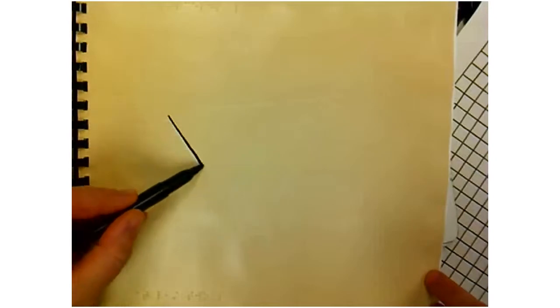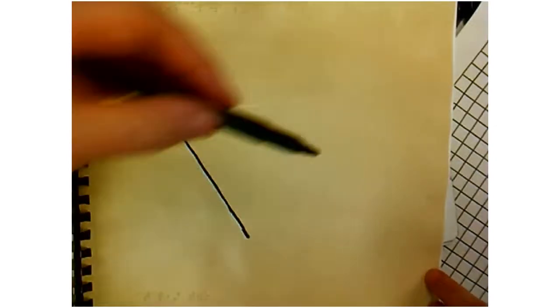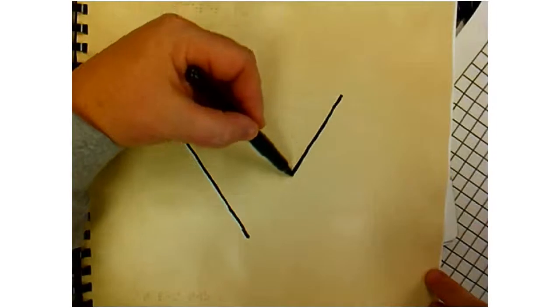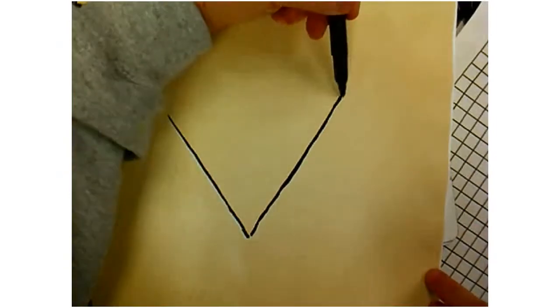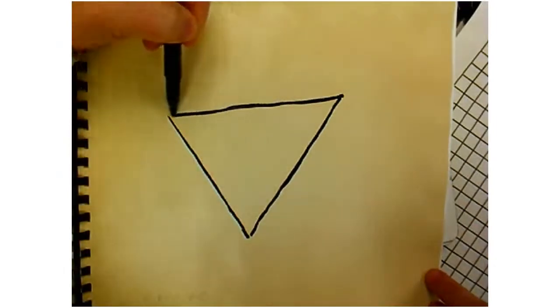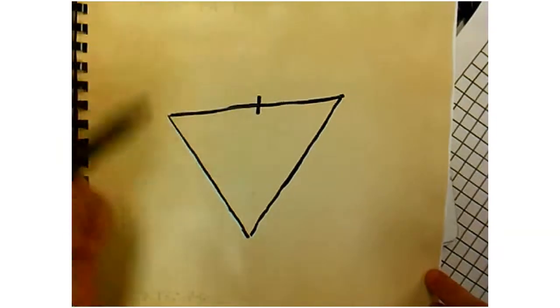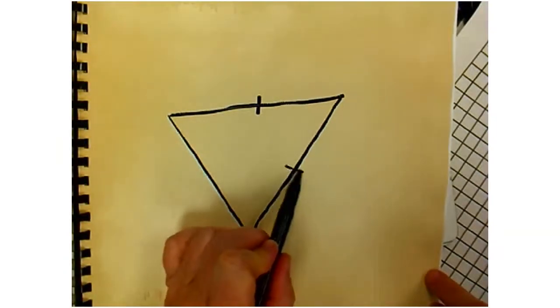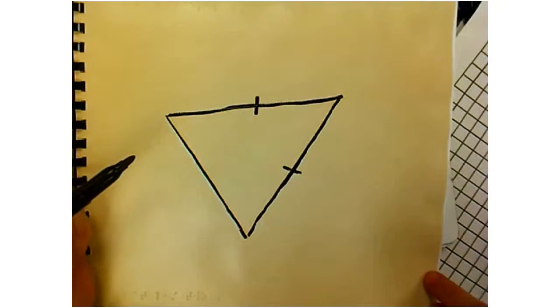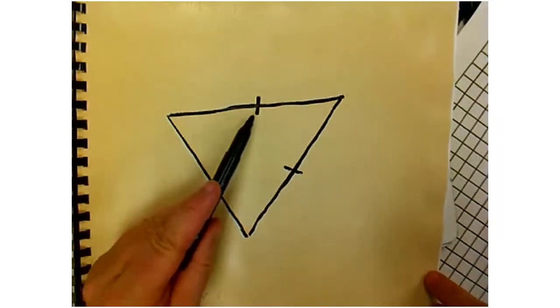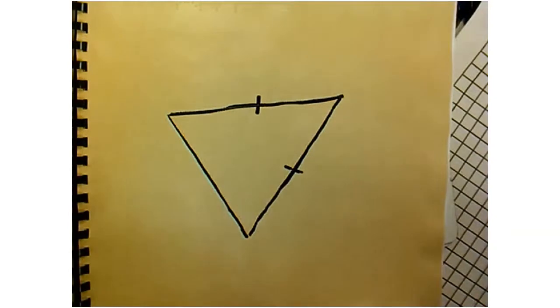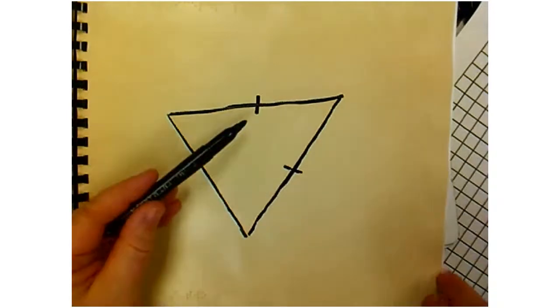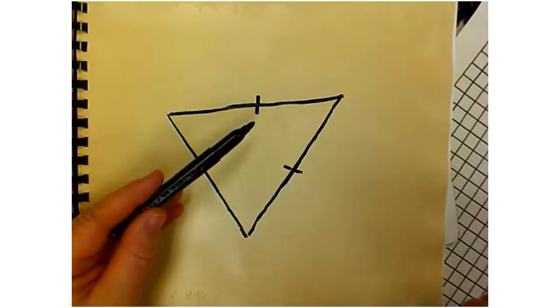All right, the next page, Braille page, and we're at the top of page 189. Isosceles. There are tick marks. Take a look at this big old triangle in the middle of your page and notice that the top side and the right side each have a tick mark through them. You learned many lessons ago that tick marks show congruency, whether they look it or not. You find a tick mark going through the top side?